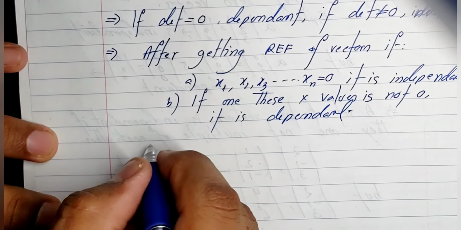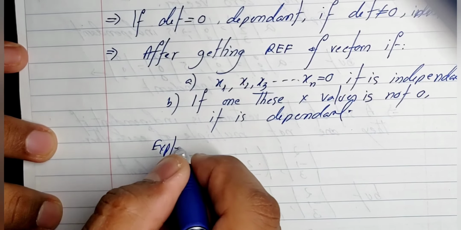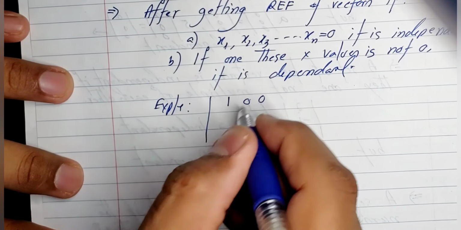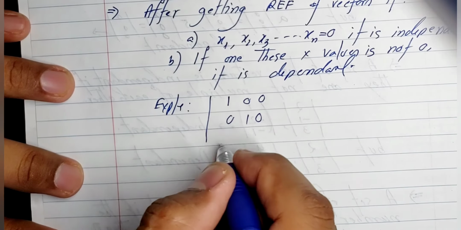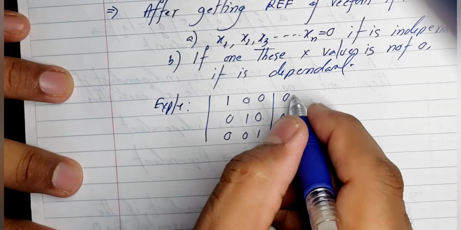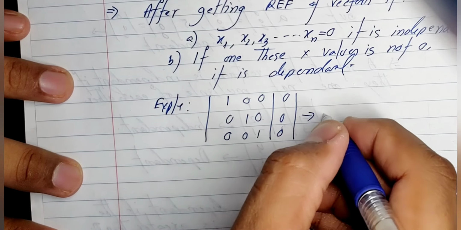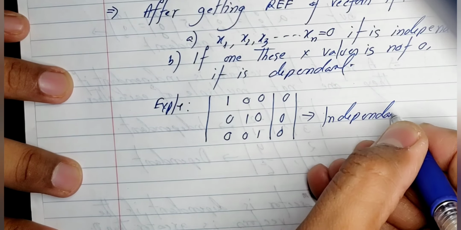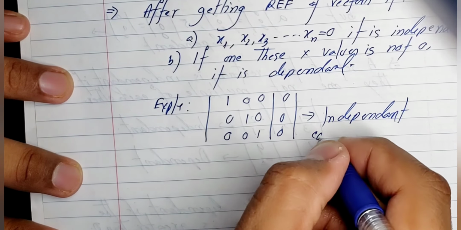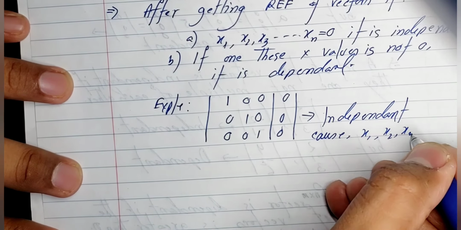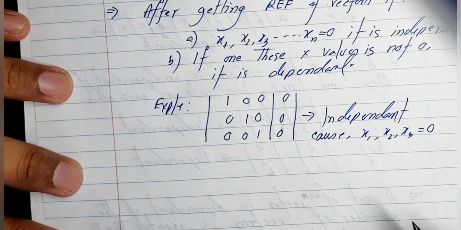For example, suppose you got the row echelon form of some matrix, and you got this, then it is independent because you have x1, x2, and x3 equal to 0.